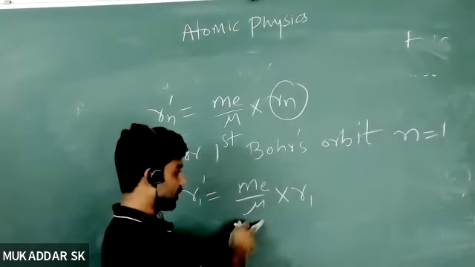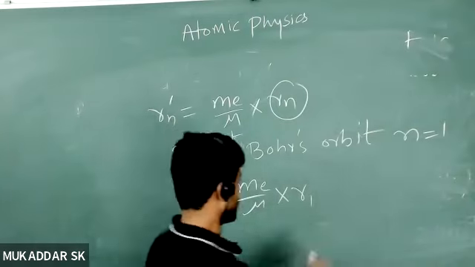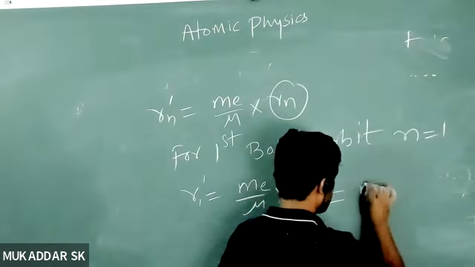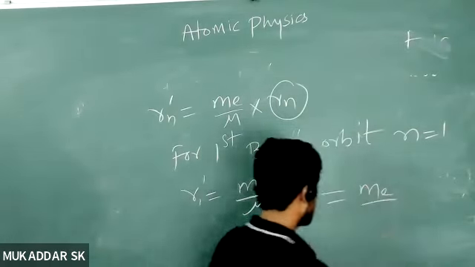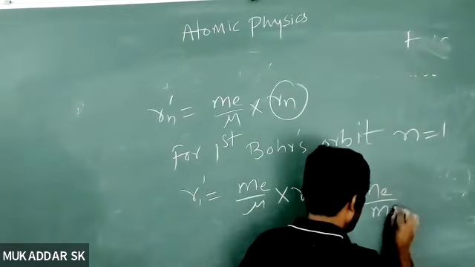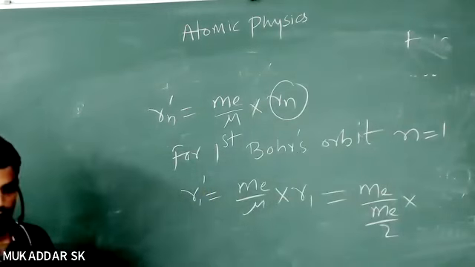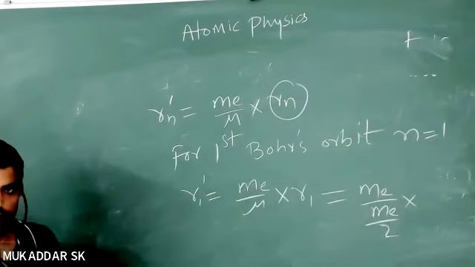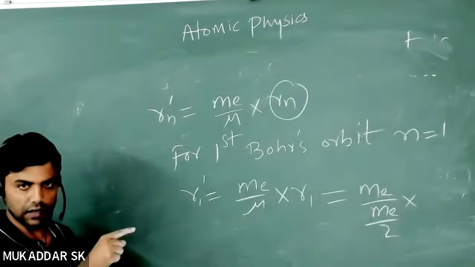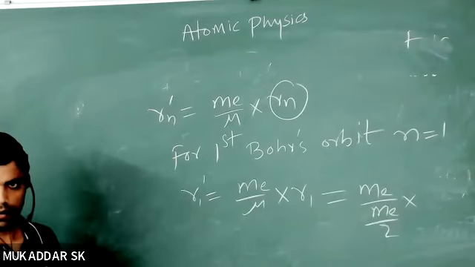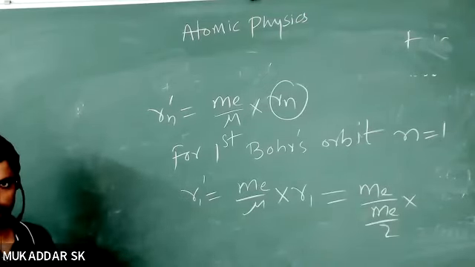Just now we calculated the reduced mass of this system, so I'll insert it. me by mu is me by 2, and R1 is the radius calculated by Bohr, that was nothing but a naught.